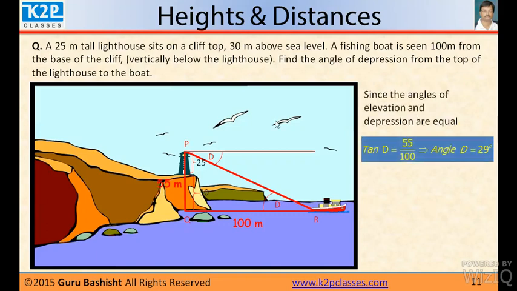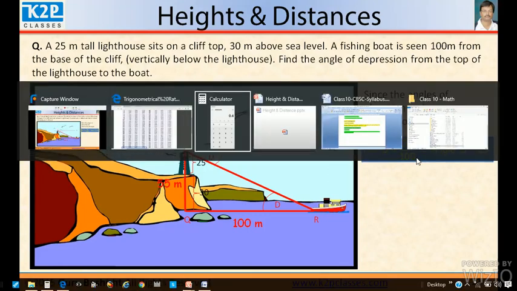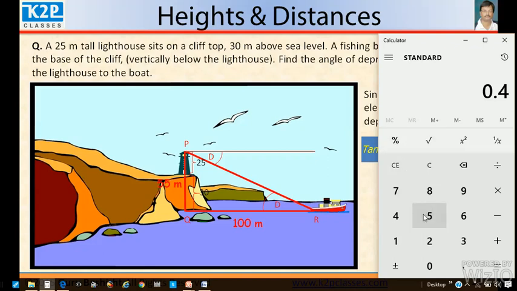So tan D is height by base, that is 55 by 100. And what is 55 by 100?